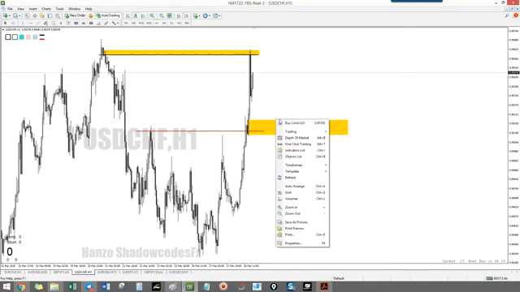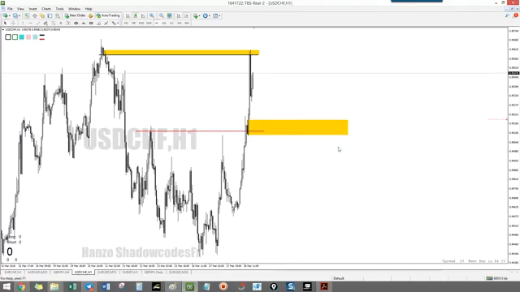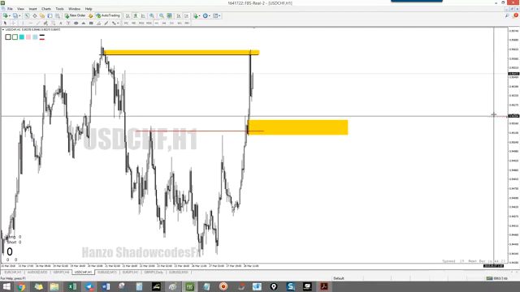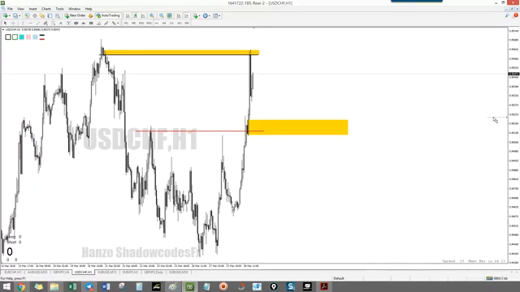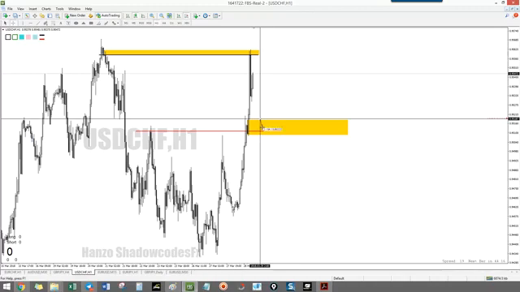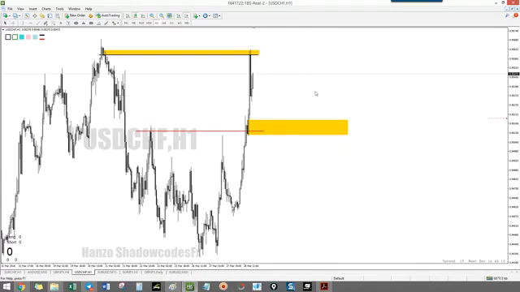So I will put my alert here. This alert will alert you when price comes to here. It will make a noise to alert you at this position. So we wait for rejection and then just let it flow like that. All right.